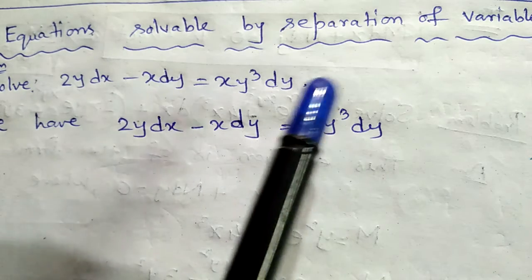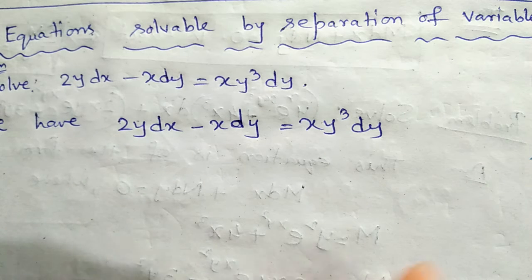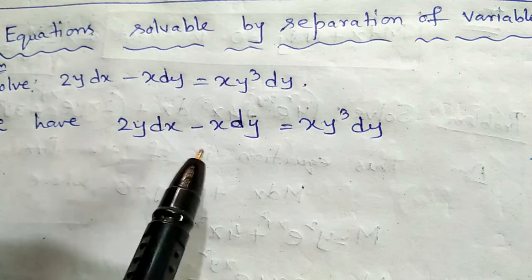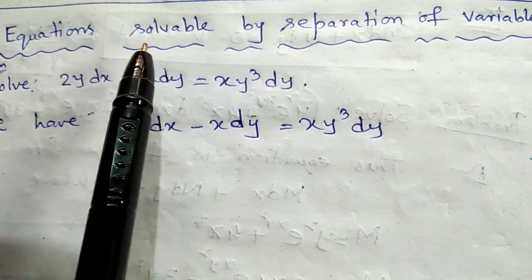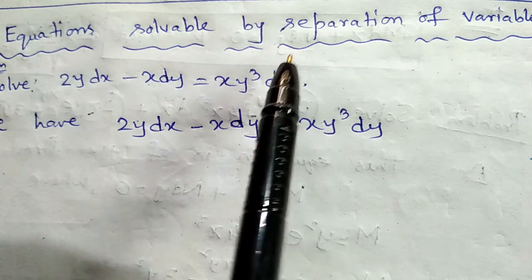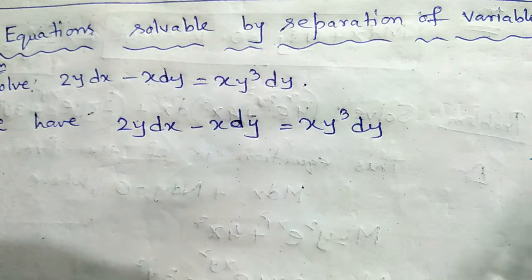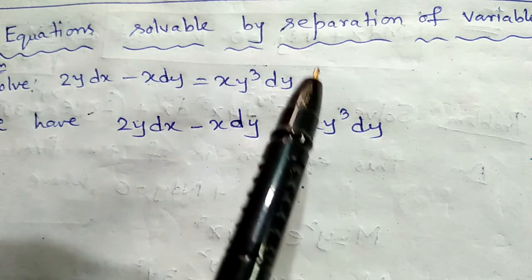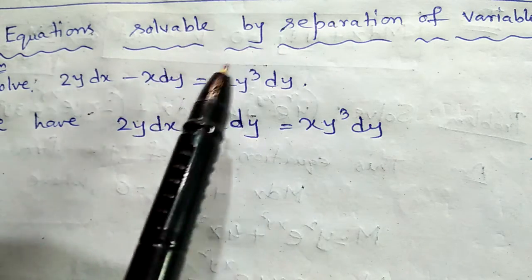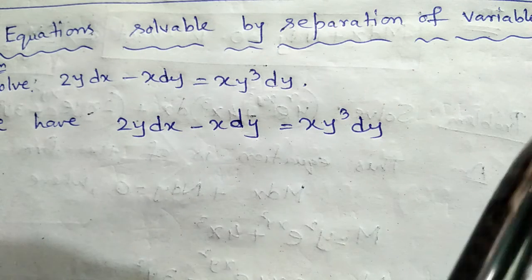Next, coming to the next type, that is equation solvable by separation of variables. So we come to a problem like this. From the name of this type of ODE, we can understand that we have to solve the ODE by separation of variables.